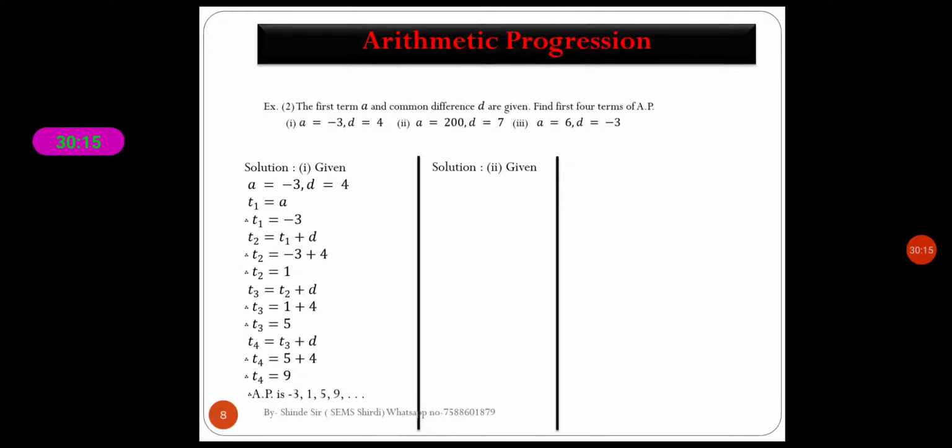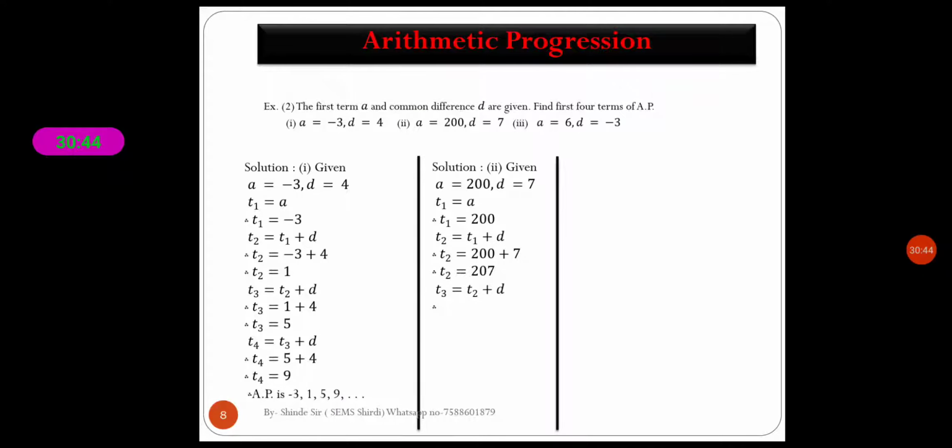Now we see the second example. In this example, a is equal to 200 and d is equal to 7. Then t1 is equal to a, therefore t1 is equal to 200. For t2, t2 is equal to t1 plus d, which is 200 plus 7, 207.